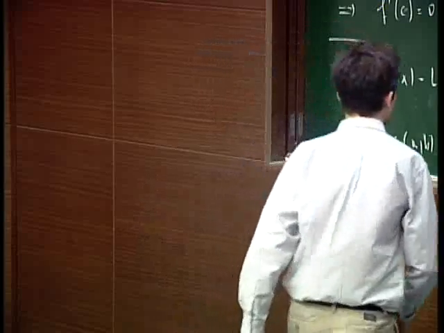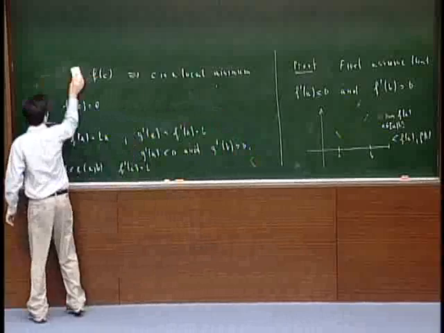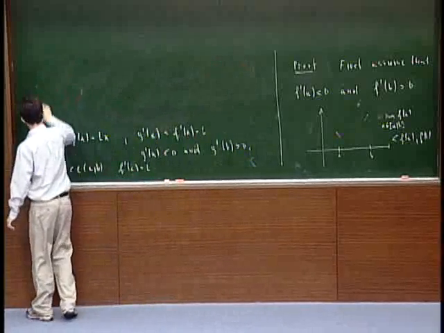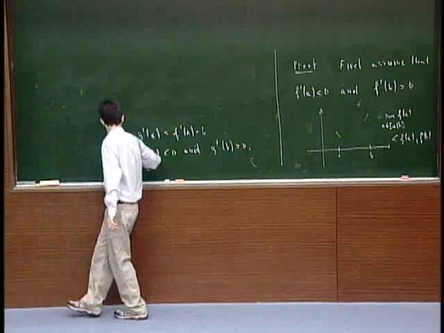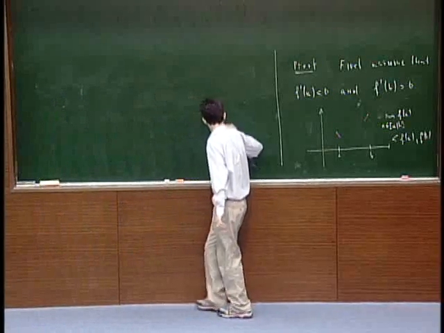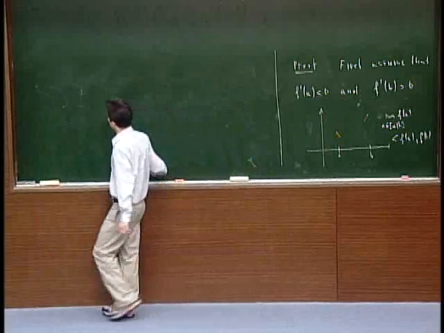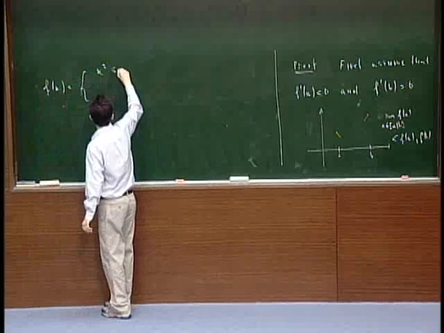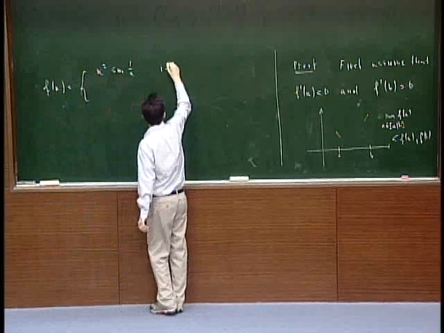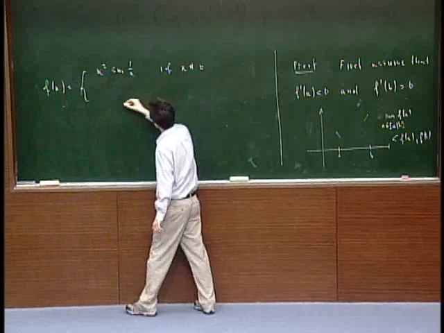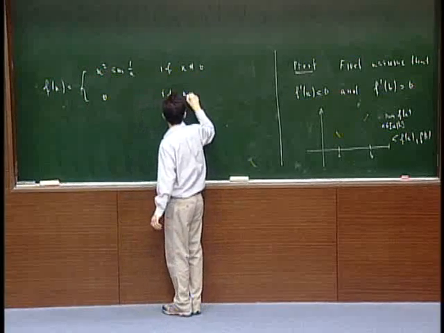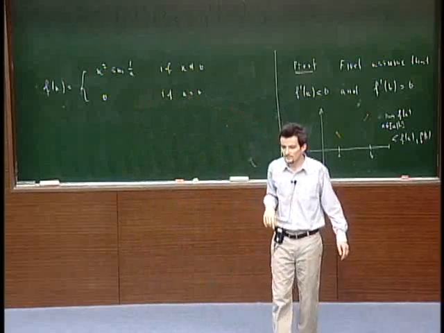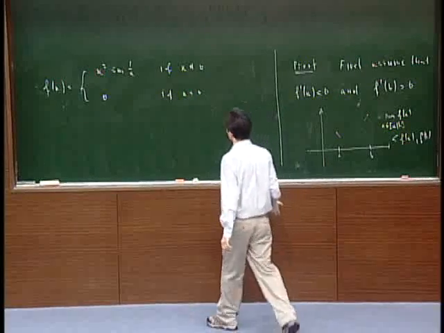Now, indeed, there are such functions. This is the last thing I want to say. So if you look at this function, you can easily check on your own that the derivative exists everywhere.